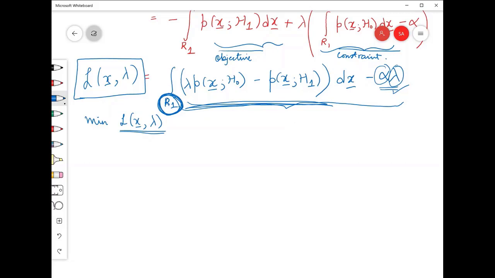So this integral is evaluated for all x belonging to R1. Okay, R1 is what?